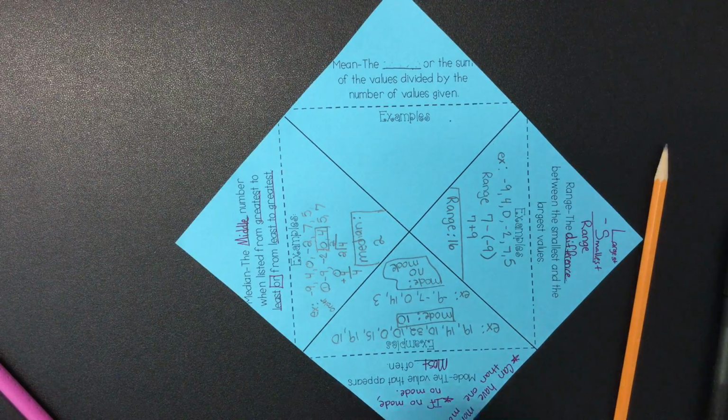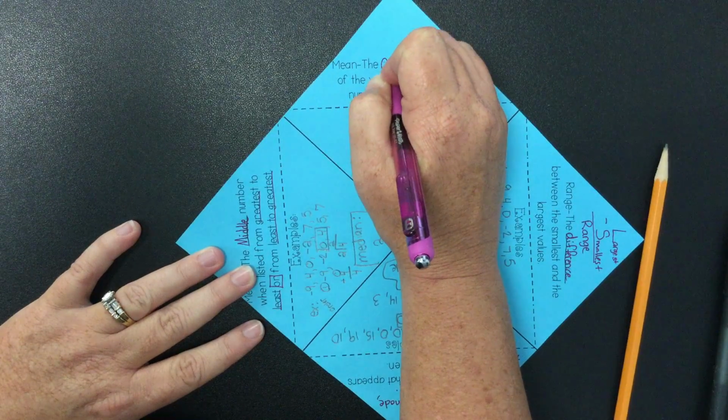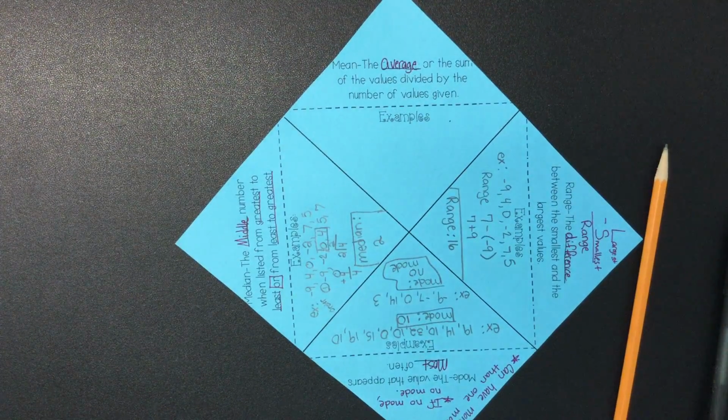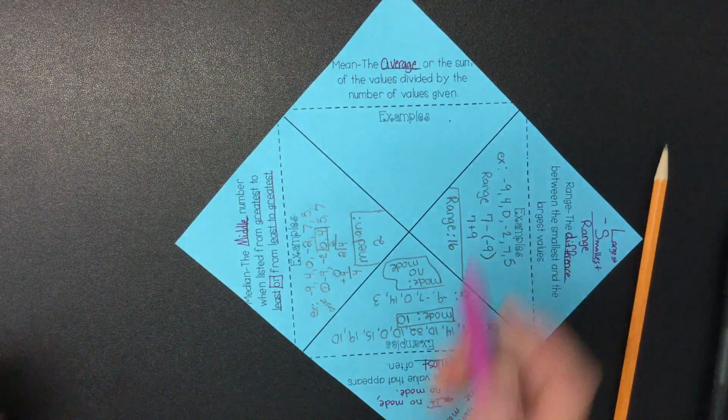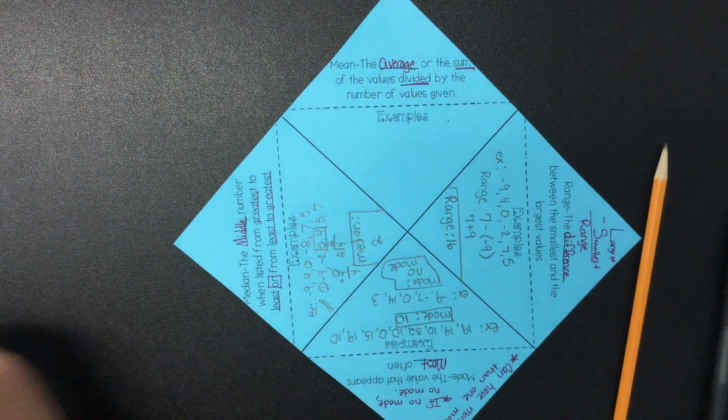Pay attention. Okay. So mean is actually something that you use quite often. When you get your grades for Miss Armstrong, for what you made in math or whatever, that is actually your average. That is your mean. So mean is the average of a set of numbers, or the sum of the values divided by the number of values given.